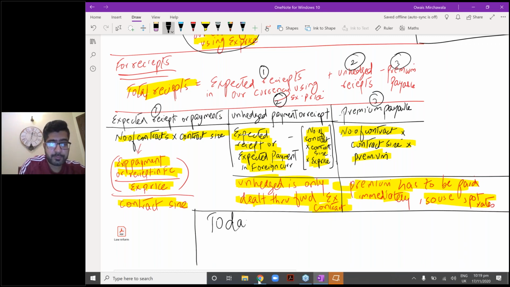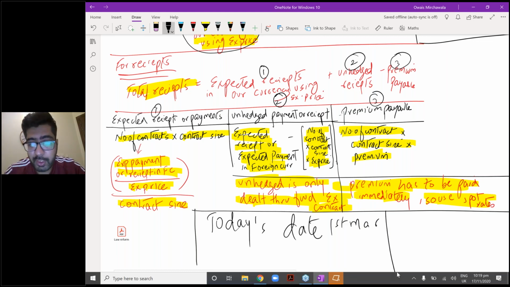Remember in the question, today's date was 1st March. And you are given futures for 30th March and 30th June. What does this mean? Listen carefully. Today's date is 1st March. You are given futures, first future for 30th March. Is it exactly after 1 month? So you can write 1 month instead of 30th March.